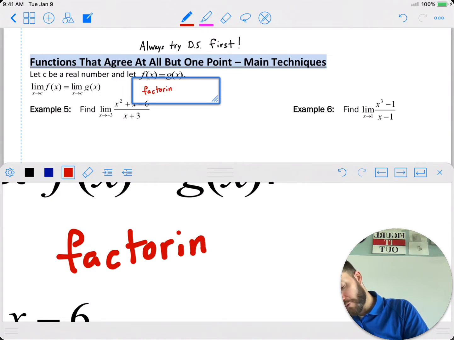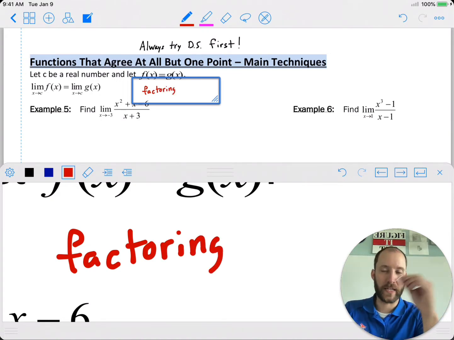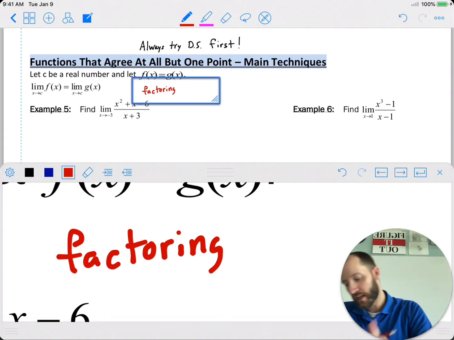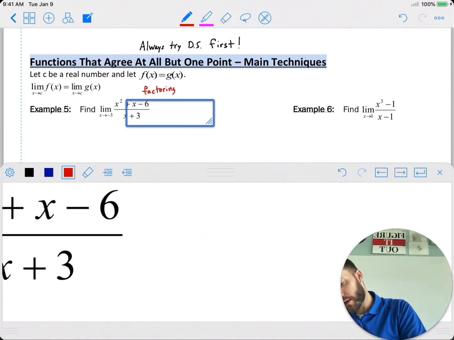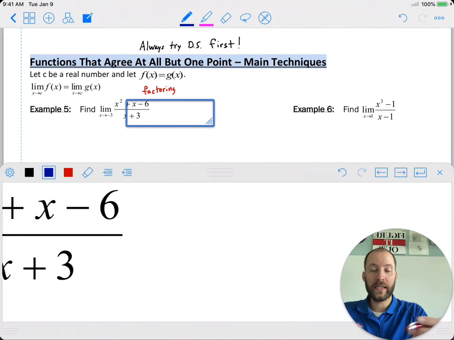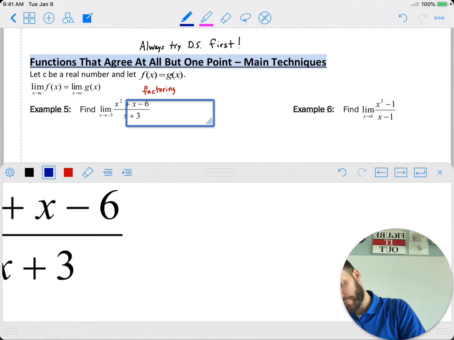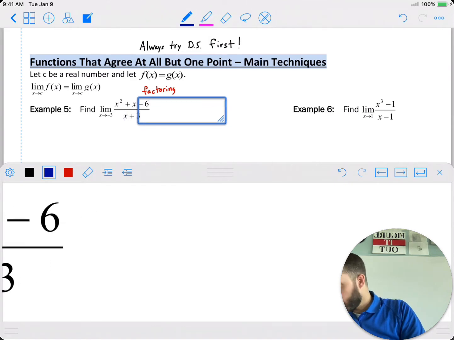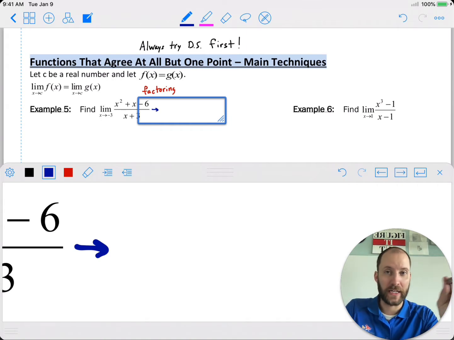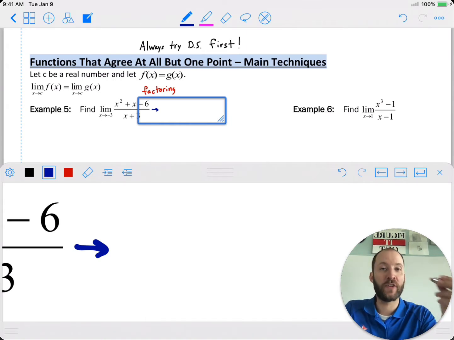If you have a rational function, a top and a bottom in a fraction, the top and bottom are primarily polynomial functions. You can try factoring top and bottom, then canceling out common factors. Drawing an arrow, we're not evaluating the limit, we're just going to rewrite the problem.